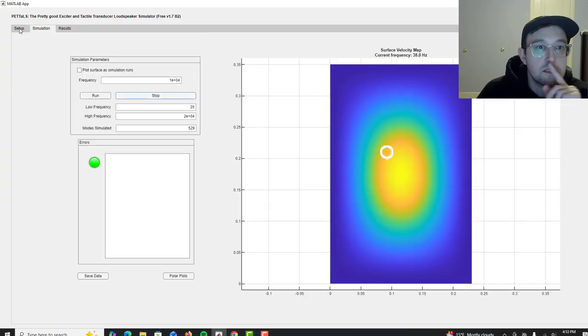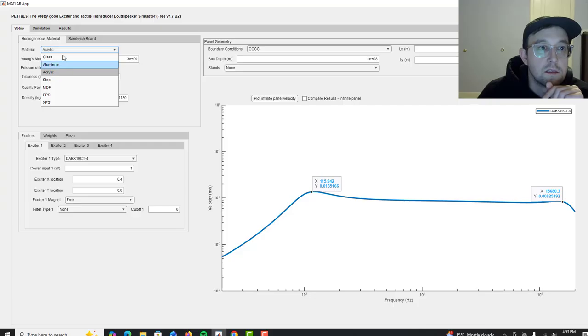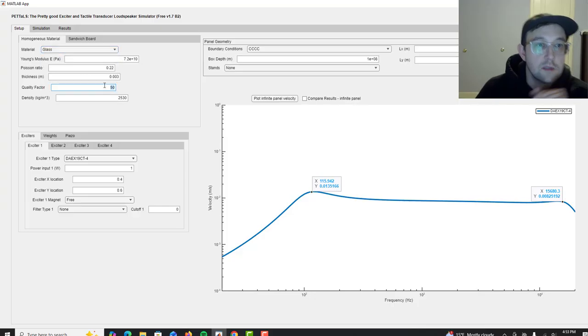So let's, to make this as interesting as humanly possible, let's give this a super high Q. Q of 250, we'll make it glass. We'll make it 1 millimeter thick. And we'll do clamped. I said I wasn't going to change these, and I lied. Because we'll make this a fairly interesting simulation.